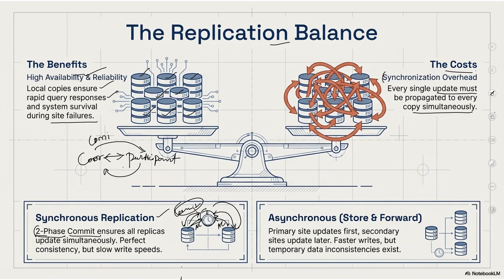That means if this data center gives an acknowledgement but that data center doesn't, the data is not updated in either data center. It will be rolled back.